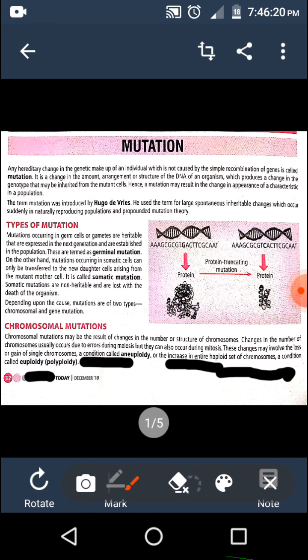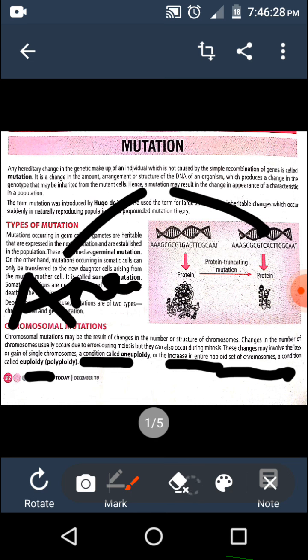So totally we study this chromosomal mutation into two types. One is aneuploidy, another one is euploidy.